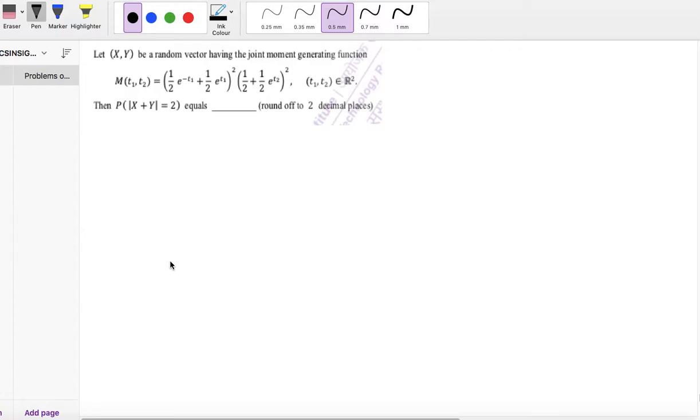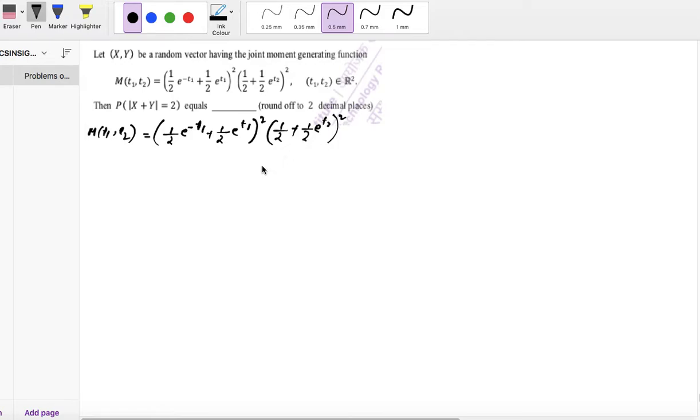We are given the moment generating function of x and y. It is given that M(t1, t2) equals half of e to the power minus t1 plus half of e to the power t1, whole square, times half plus half of e to the power t2.